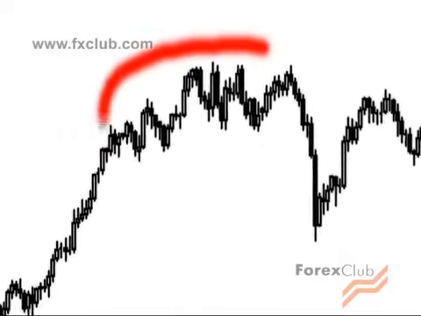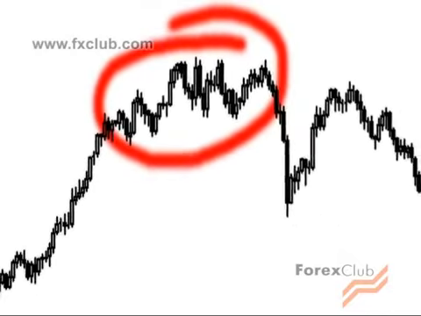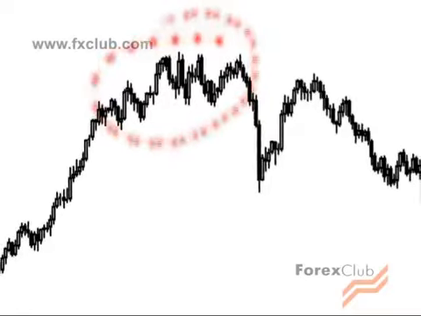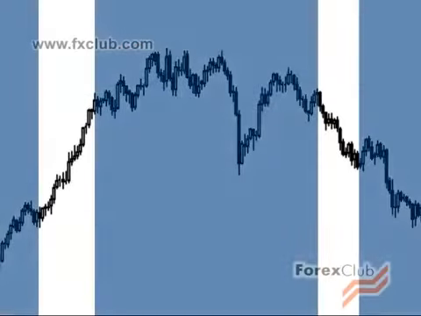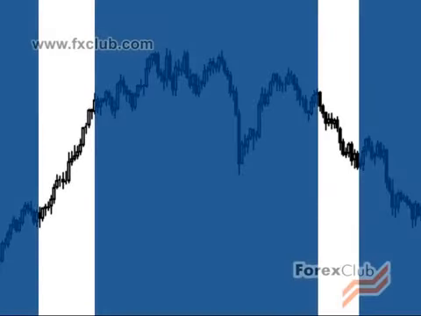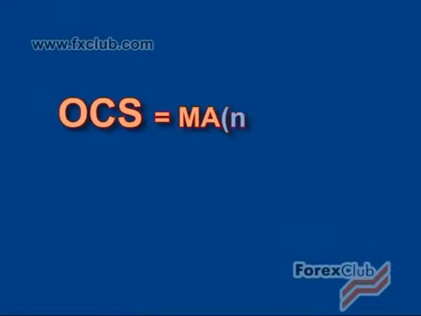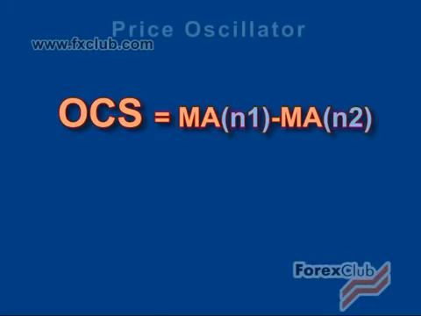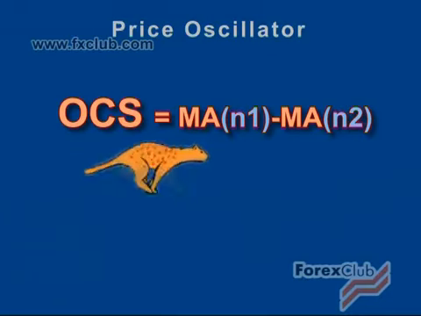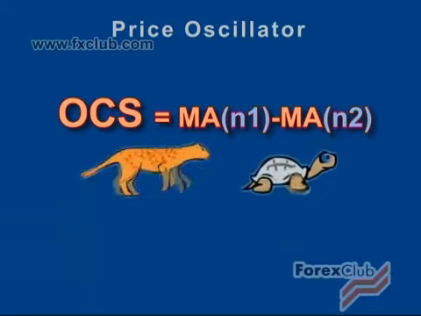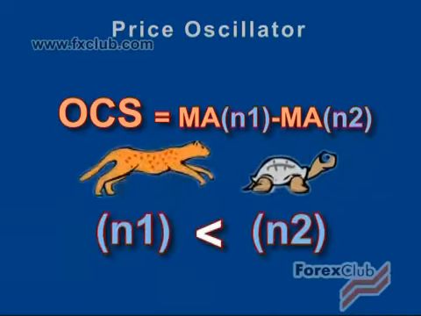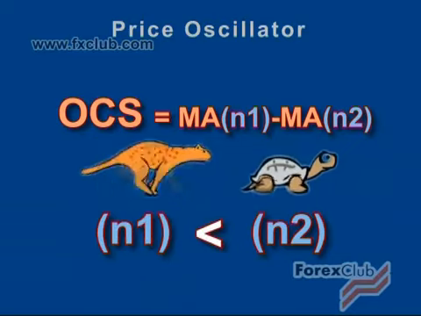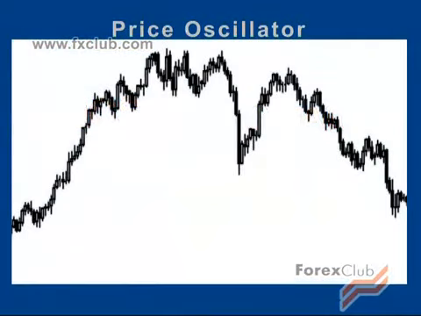But what should we do if the trend reverses or flattens into a trading range? To mark trend zones and to differentiate them from reversal points, we use an indicator which is based on the difference between 2 moving averages. It's called the price oscillator, where MAN1 is the faster moving average and MAN2 is the slower one. It stands to reason that N1 is less than N2, and this is what the indicator looks like.